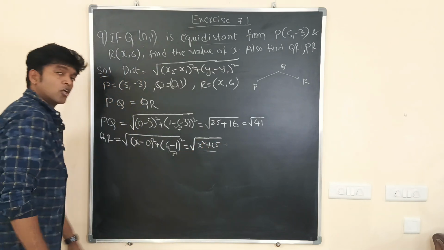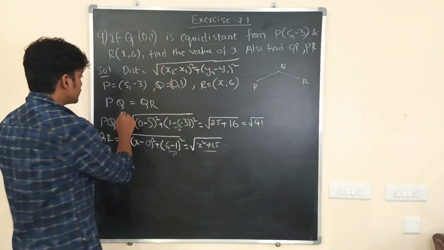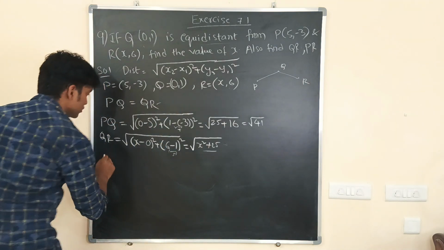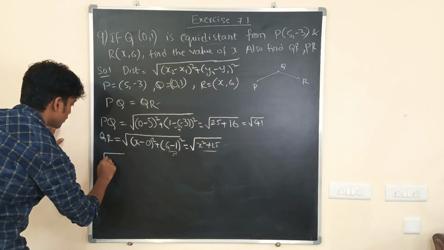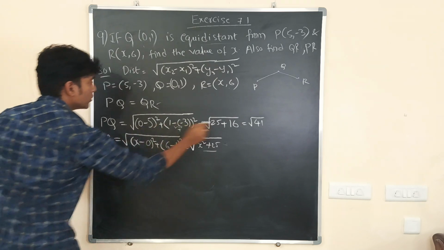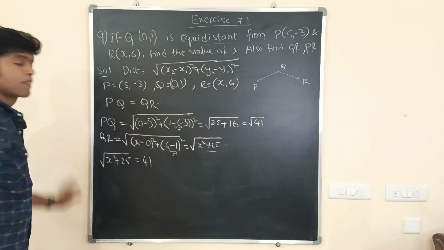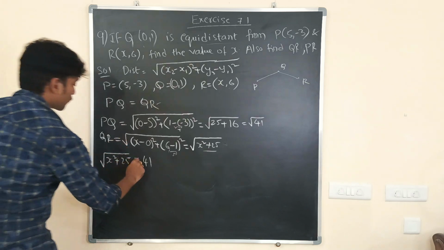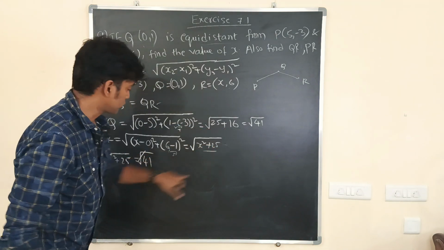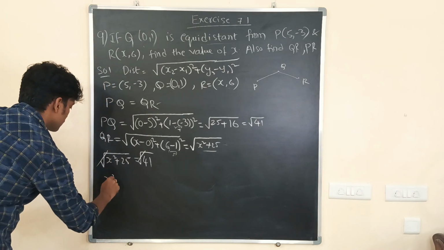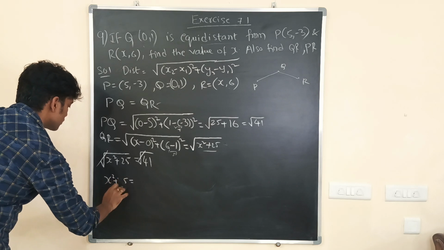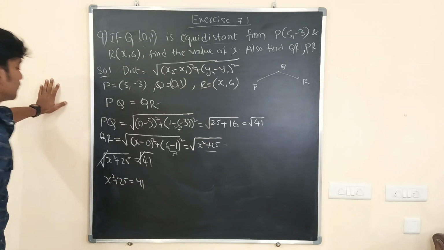Now what is the logic we have? PQ is equal to QR. So QR, square root of x square plus 25, is equal to PQ, which is square root of 41. The square root gets cancelled, so x square plus 25 is equal to 41.